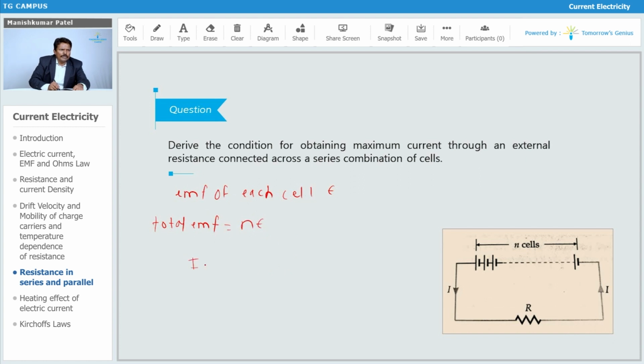We know that I equals V upon R, so I equals NE upon (Nr plus external R).